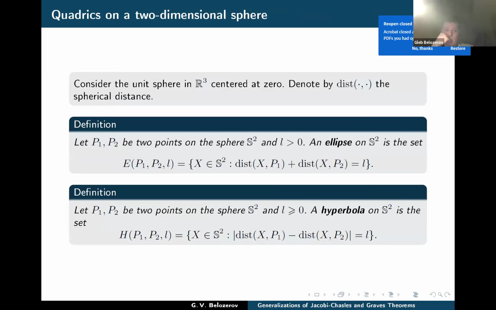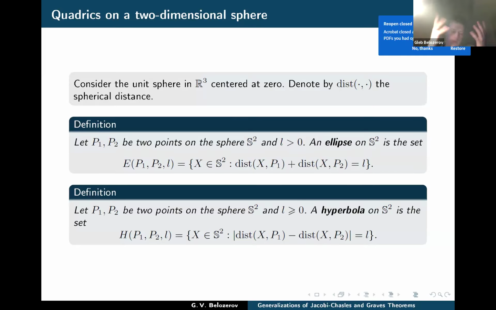We can fix two points P1 and P2 on the two-dimensional sphere and some positive real number L. An ellipse on the two-dimensional sphere is a set E which consists of all points x on the sphere such that the distance from x to P1 plus the distance from x to P2 is equal to L. Excuse me, am I right that stereographic projection takes quadrics on the sphere to quadrics on the plane?